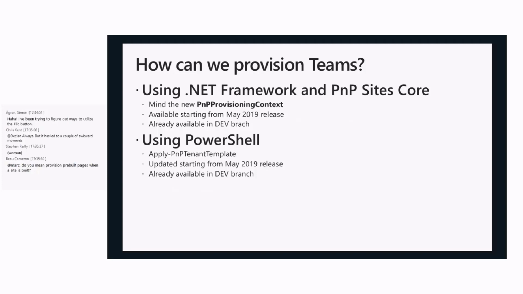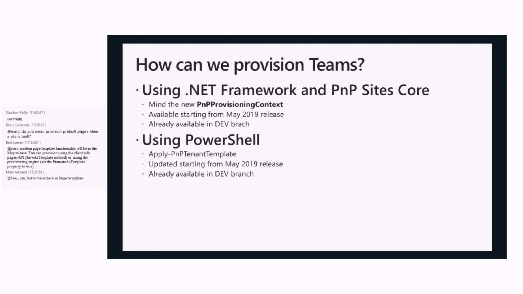And as Erwin told us a few minutes ago, there are some changes that happened under the cover of the authentication of PnP PowerShell, again for the sake of supporting not only the SharePoint authentication, but also the Azure Active Directory OAuth model in order to be able to use the Microsoft Graph.